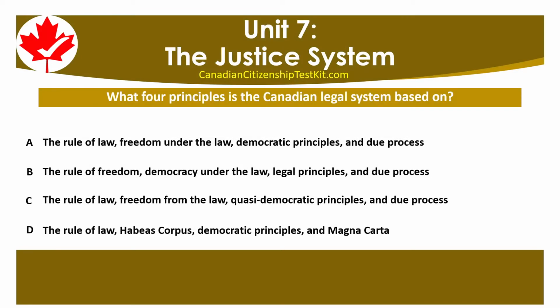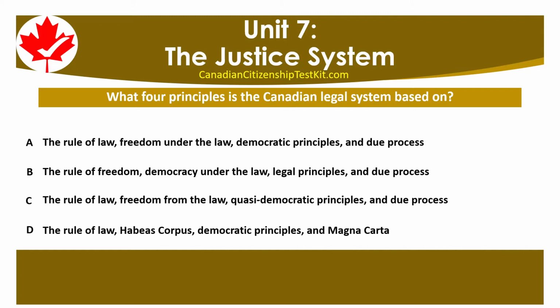What four principles is the Canadian legal system based on? A. The rule of law, freedom under the law, democratic principles, and due process. B. The rule of freedom, democracy under the law, legal principles, and due process.